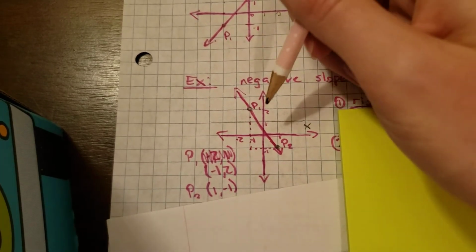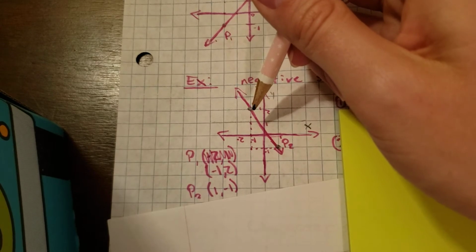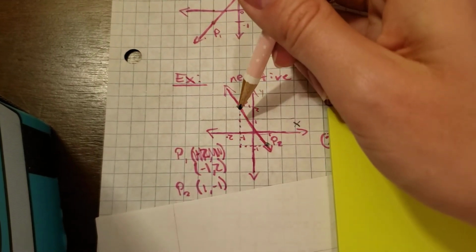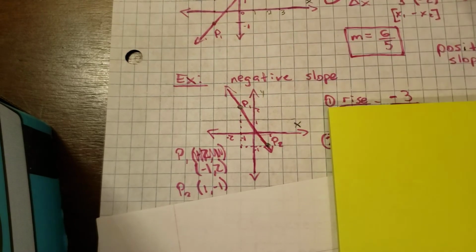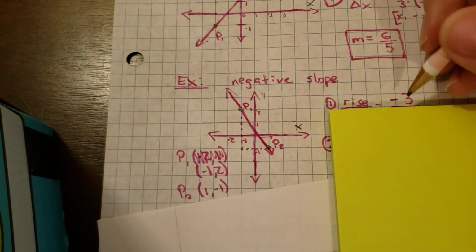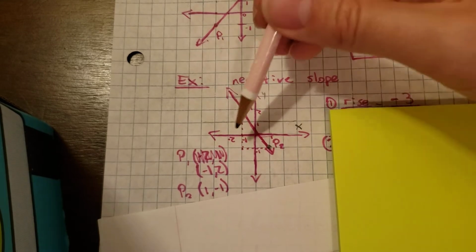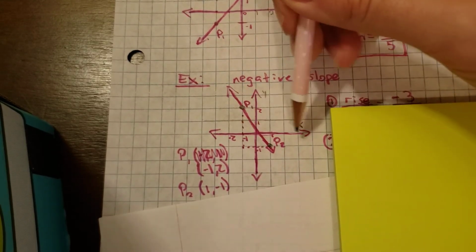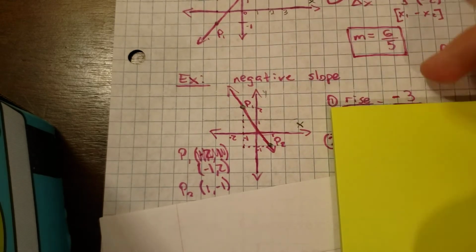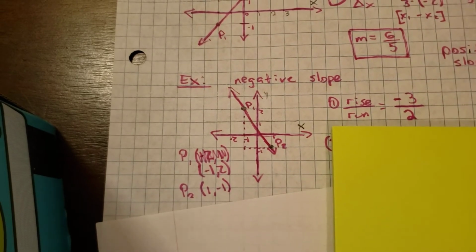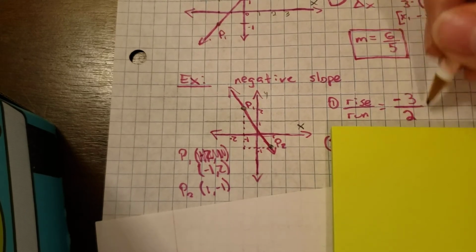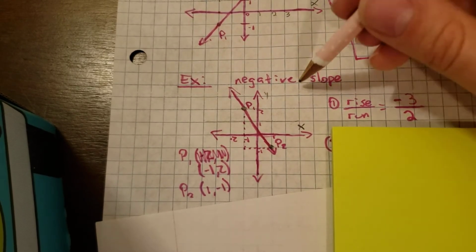So I'm going from here, and I'm going down 1, 2, 3. So I'm actually going down along the y-axis, giving me a rise of -3, and then a run again of, since I'm moving in the positive direction on the x-axis, of 1, 2. So my slope is going to be -3/2, right? This is a negative fraction, negative slope.